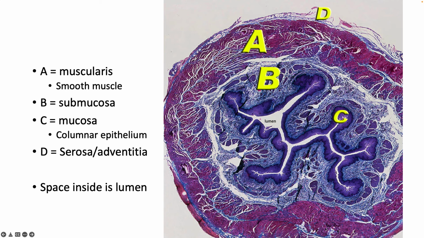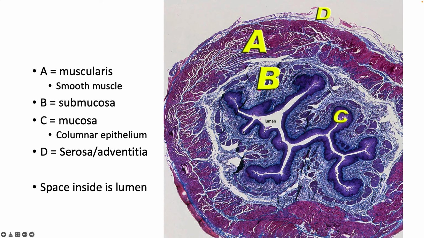We have a cross section of an intestine here. What we would be seeing is the lumen on the inside where food would be traveling. The immediate layer to the inside of that lumen would be layer C, and that's all that columnar epithelia. I could ask you what type of epithelia or tissue this is, and you would say columnar epithelia. Or if I asked what layer this is, you would tell me the mucosa layer.